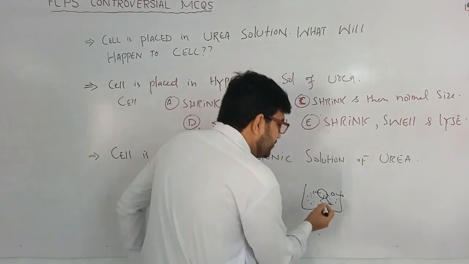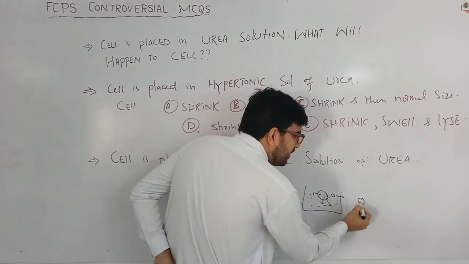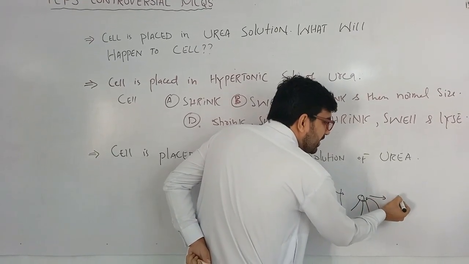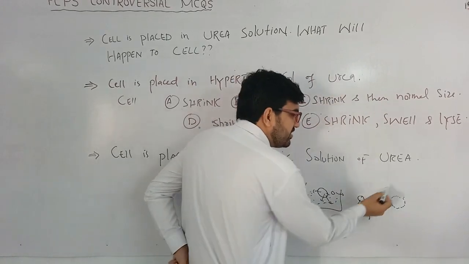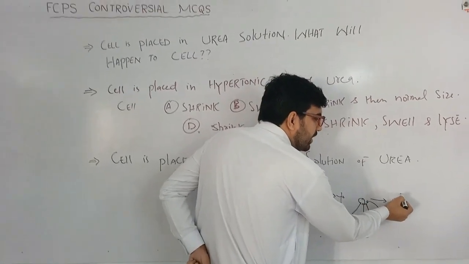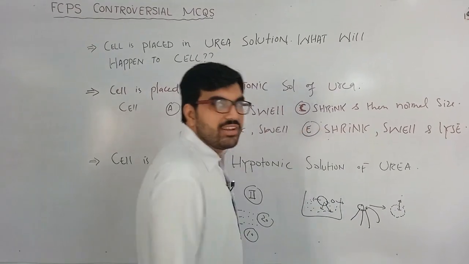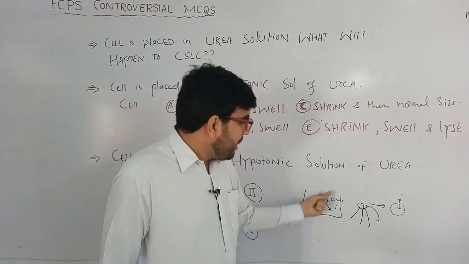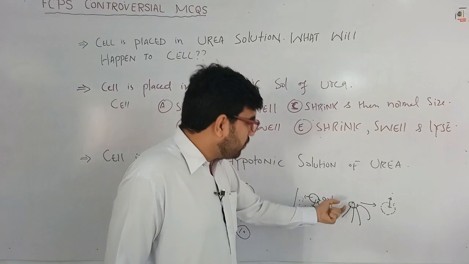size. So initially it shrinks the cell. Then the urea molecules enter into the cell, and it will regain its shape because there is normal distribution of urea. Urea molecules outside become equal to urea molecules inside the cell. So initially there was shrinkage because all the water was drawn out.